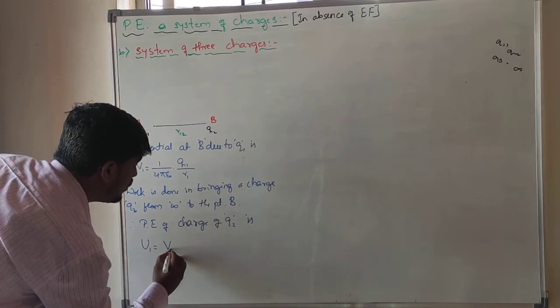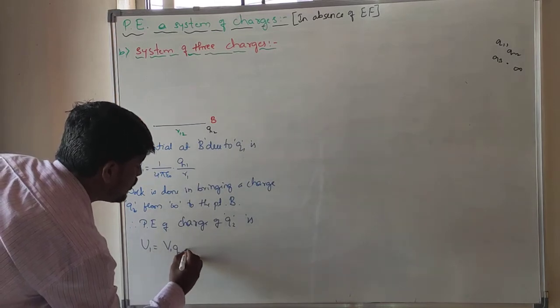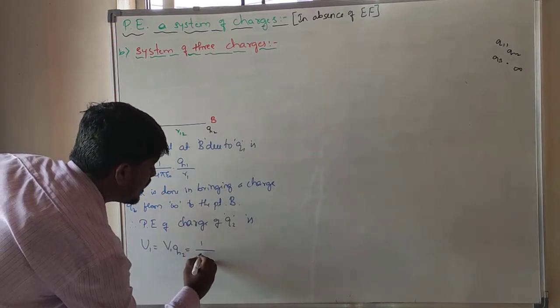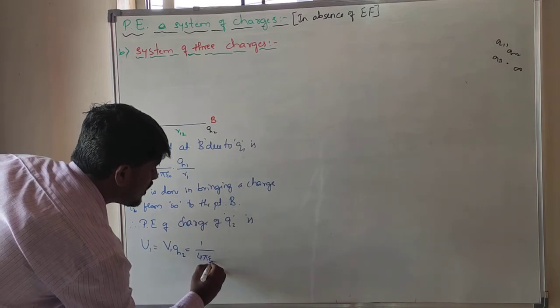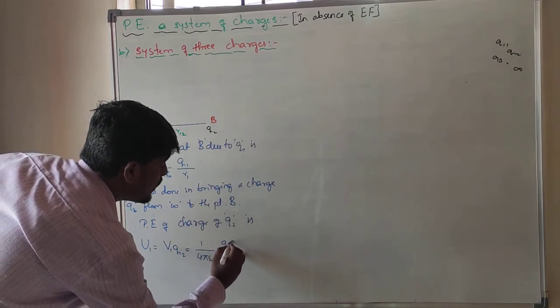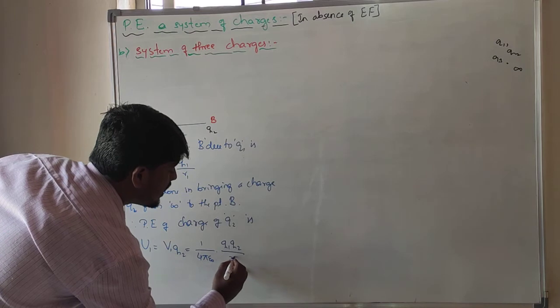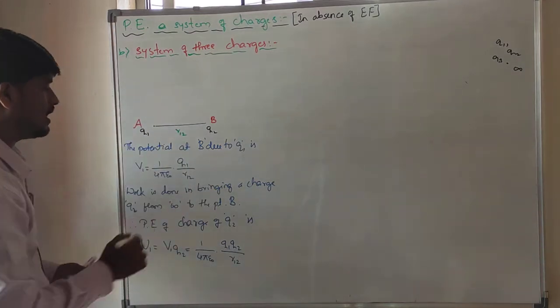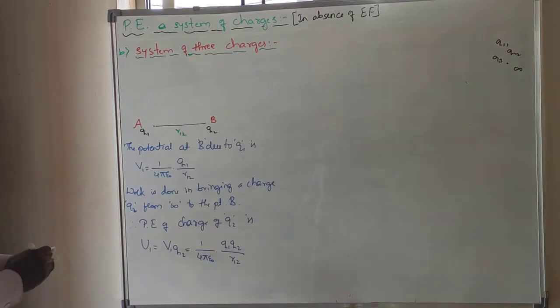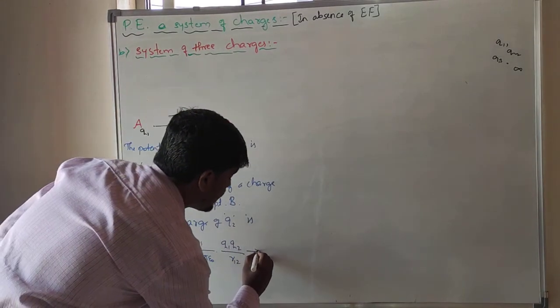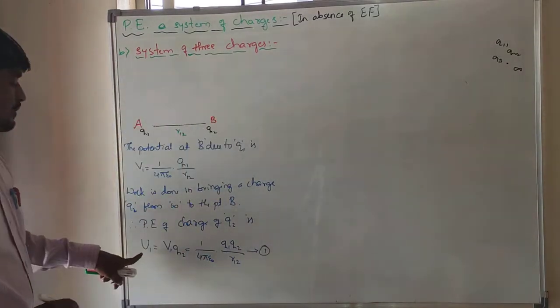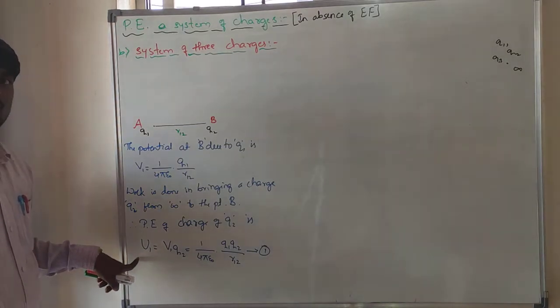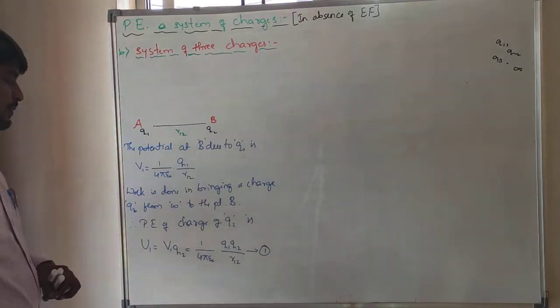U1 is equal to V1 into q2. This becomes 1 by 4 pi epsilon naught into q1 q2 divided by R12. The distance is now R12. This is, say, equation number 1. This is the potential energy due to a system of two charges.